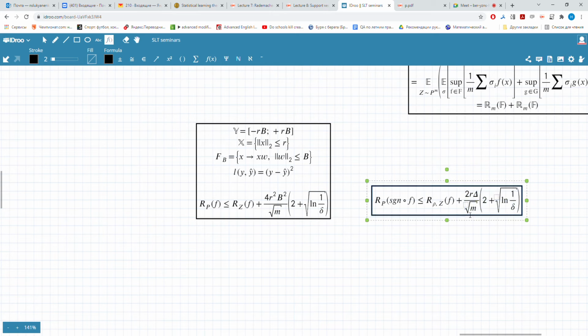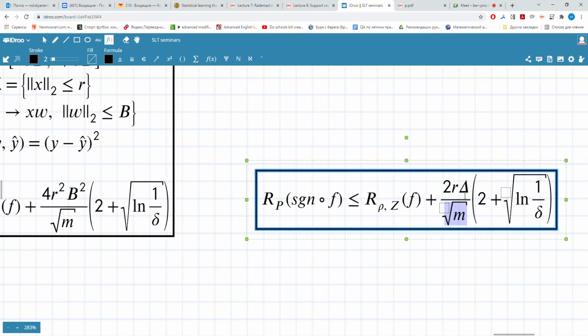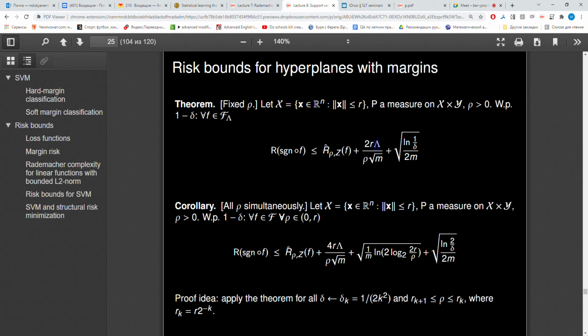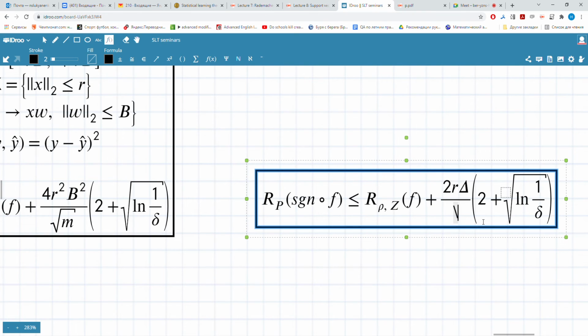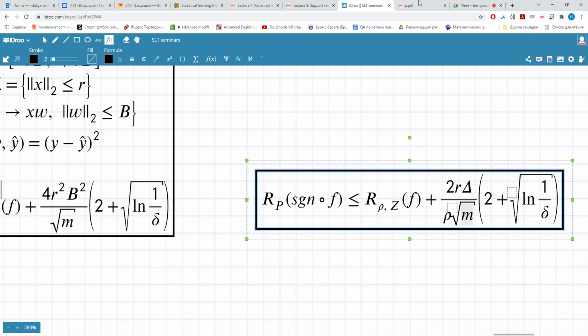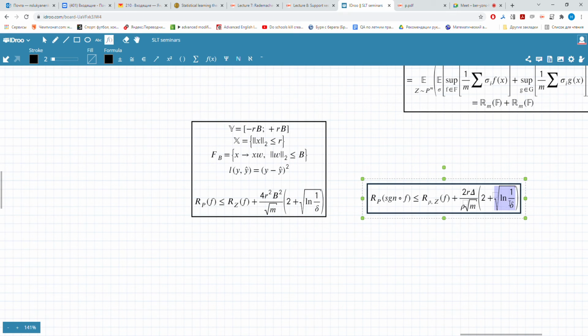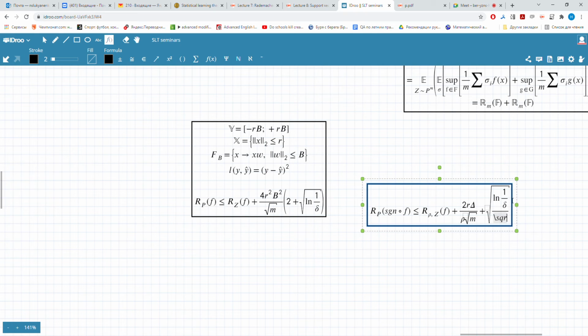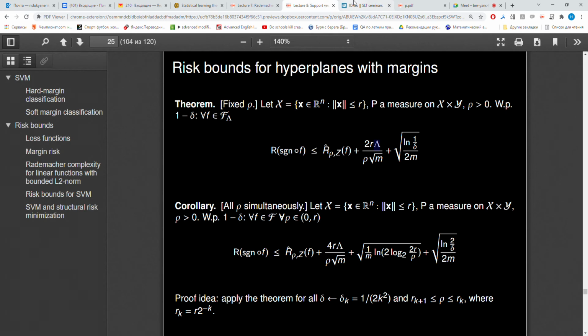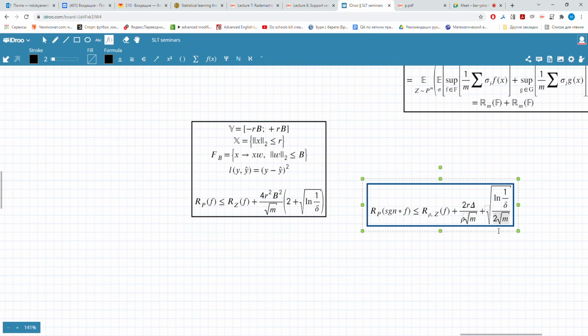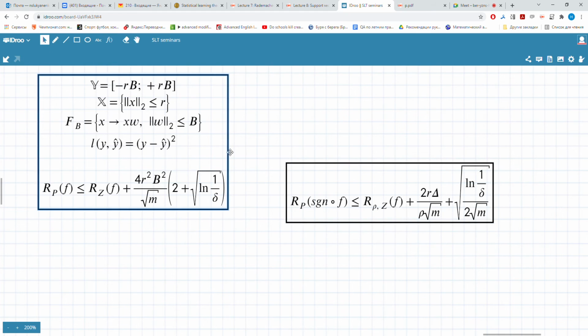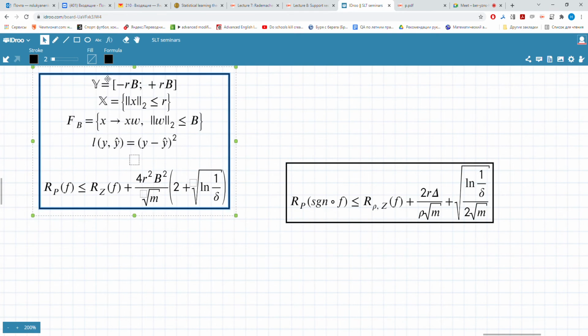Okay, I will use this delta for this symbol because I'm not sure how to type it. Square root of rho top plus. Okay. Am I right? Okay. Now I'm ready to listen to you.